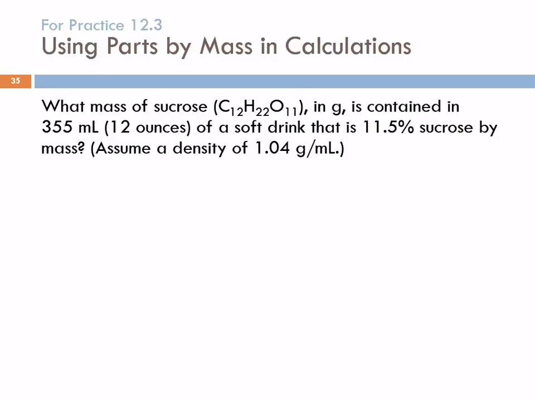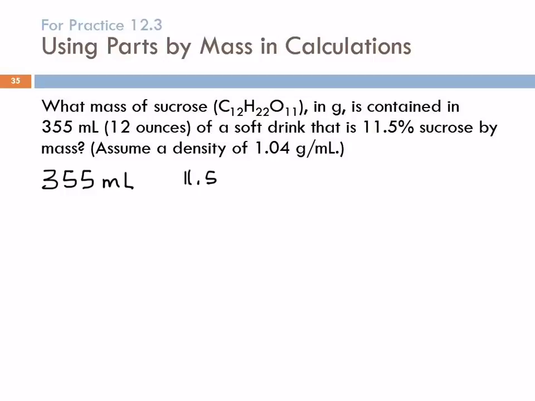So let's write down what we know. We have 355 milliliters. The 12 ounces there is just to give you a point of reference. It's a 12-ounce can of soda. We have 11.5% by mass.